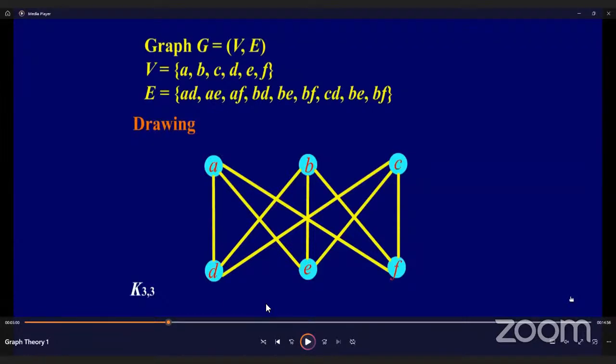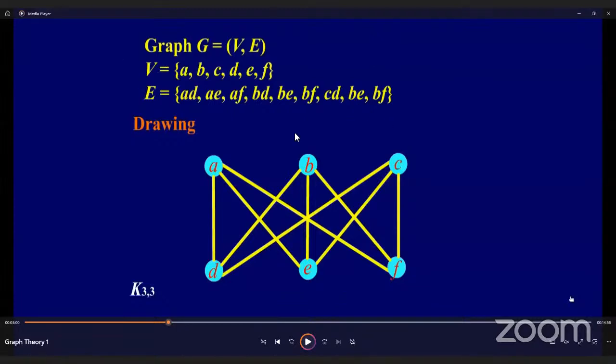Now, this is actually a spatial graph. So this is a graph. The formal definition is this, the formal definition of a graph.